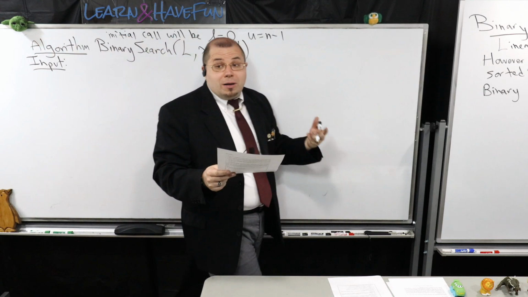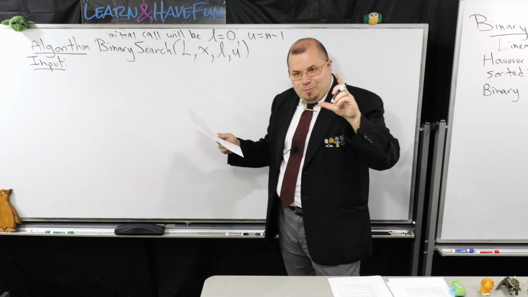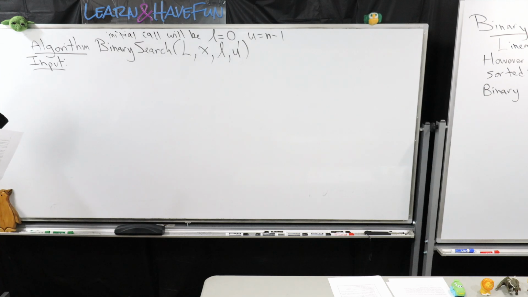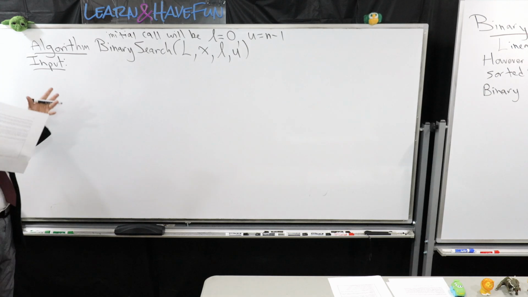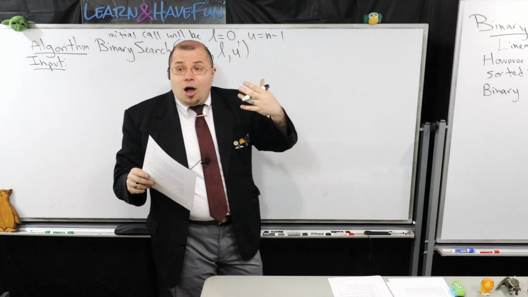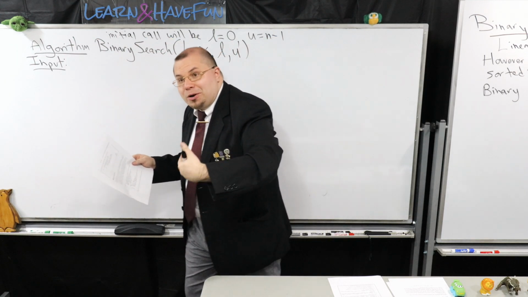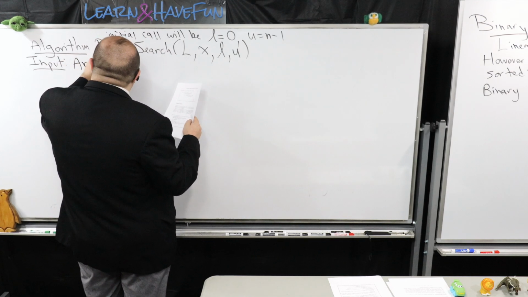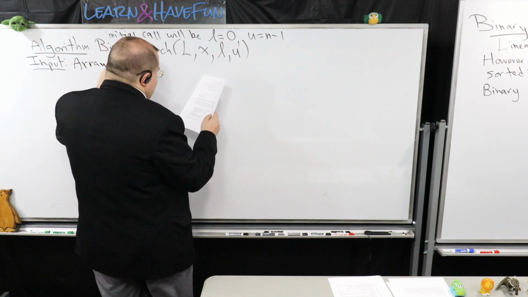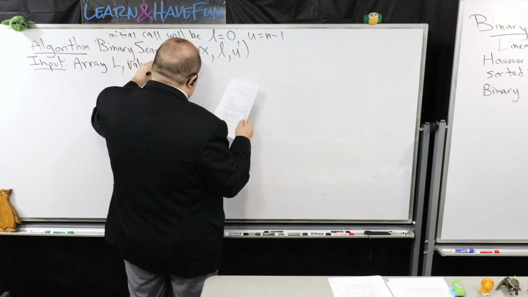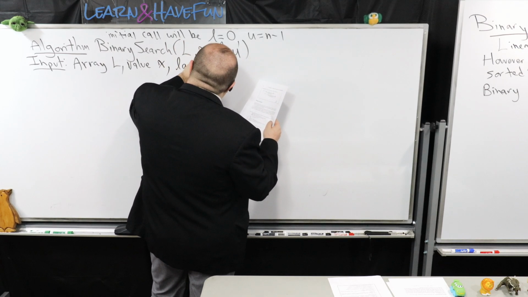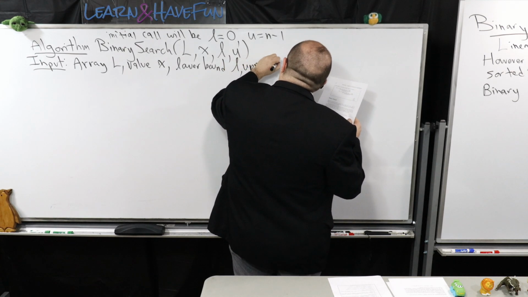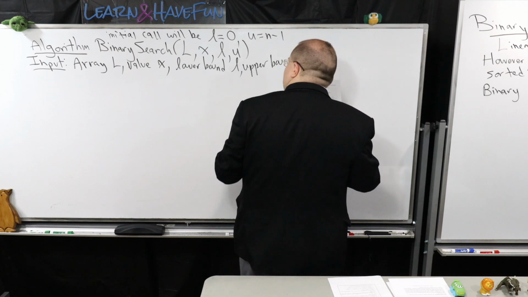The first thing that's going to strike you is how brief my algorithm, well, the description in recursive terms, is. I'm getting very excited about this. You're going to see how much more brief the recursive counterpart is than its iterative counterpart very shortly. So input: I have the array L, the value X, the lower bound L, and the upper bound U. They serve the exact same role they do in the iterative counterpart, just to be clear.